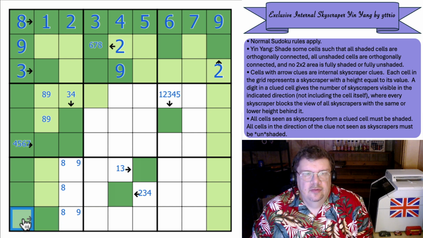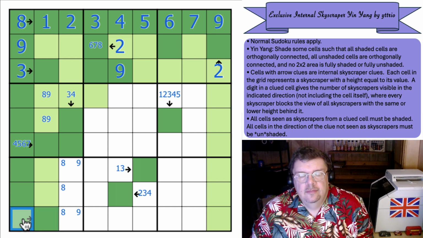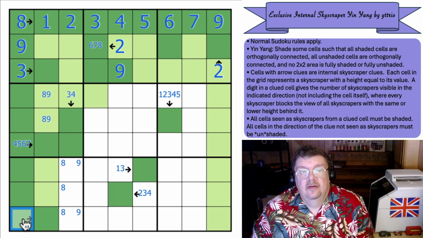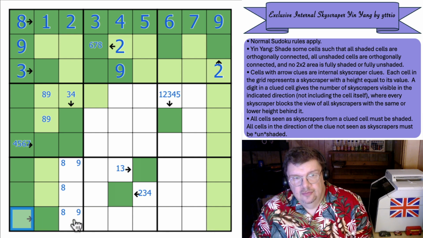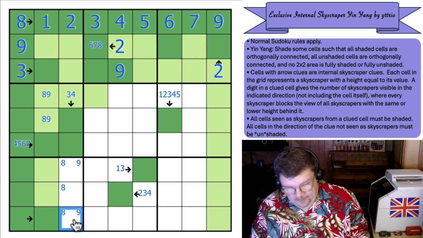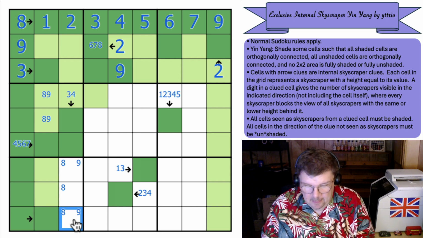That can't be a 9, so this can't be a 1. Therefore, it's at least 2. Therefore, it sees at least 2 shaded cells. And therefore, because of the border restriction, all those shaded cells have to be contiguous. So the second shaded cell that it must see must be here.